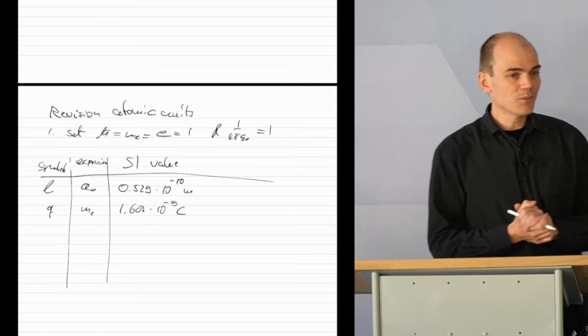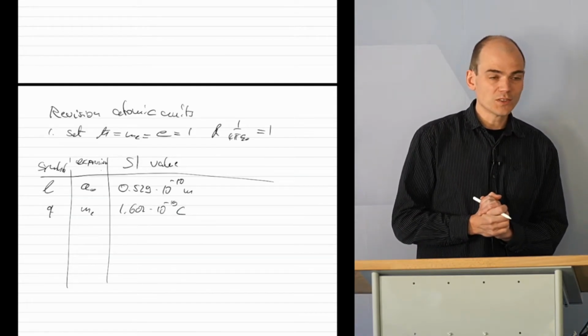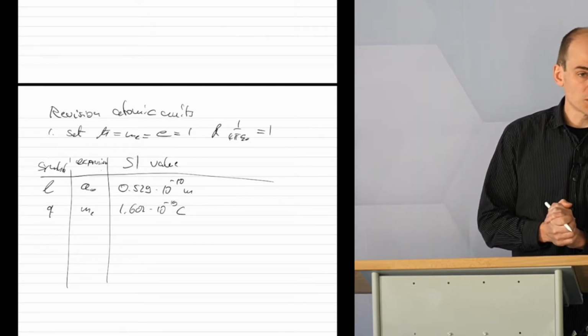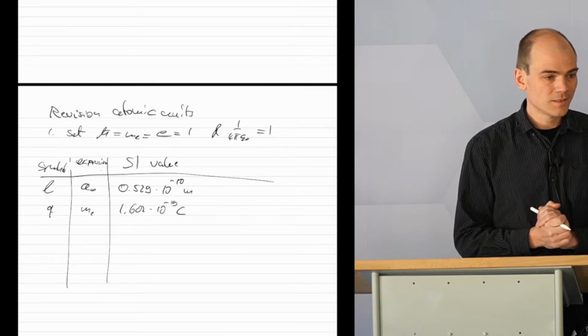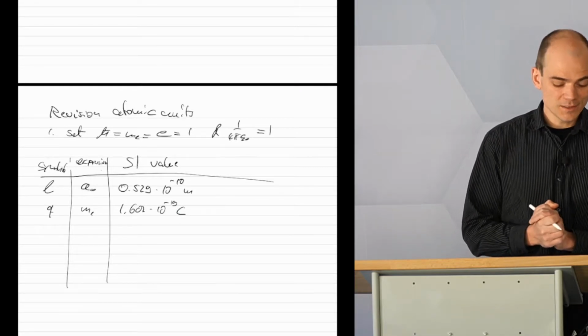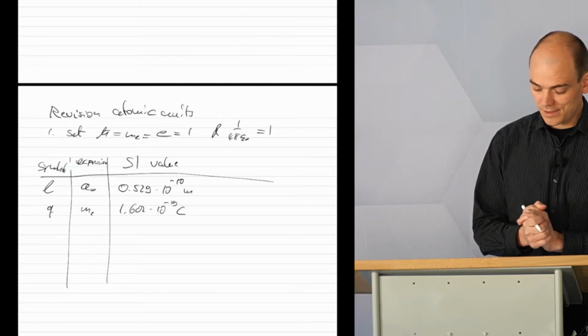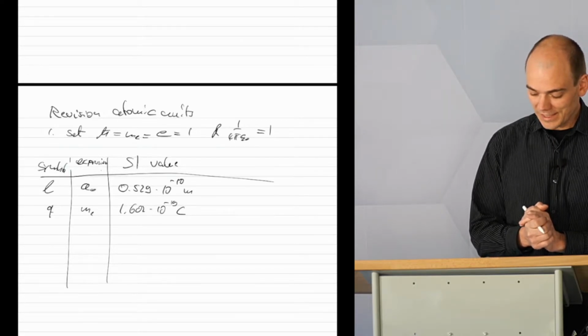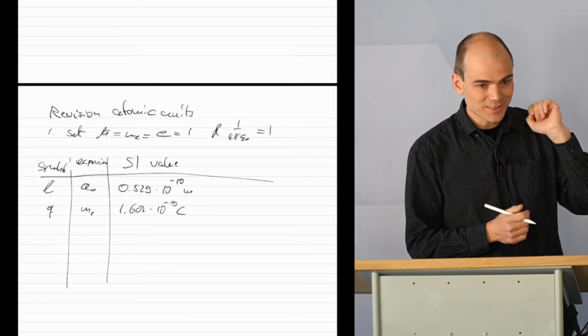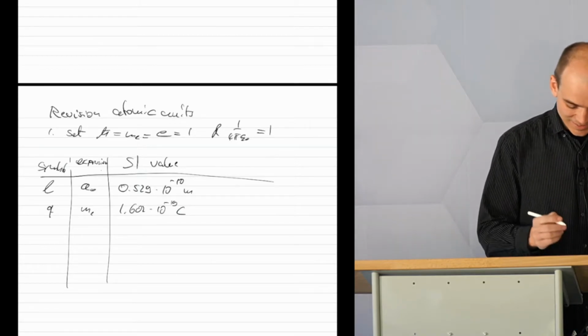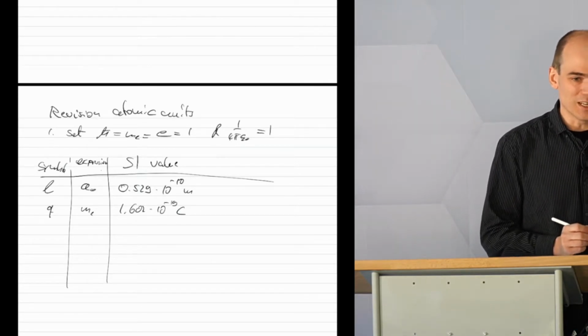Does anyone remember the value for the speed of light? Or for velocity? Yes, and in atomic units? It's actually 1 over alpha.